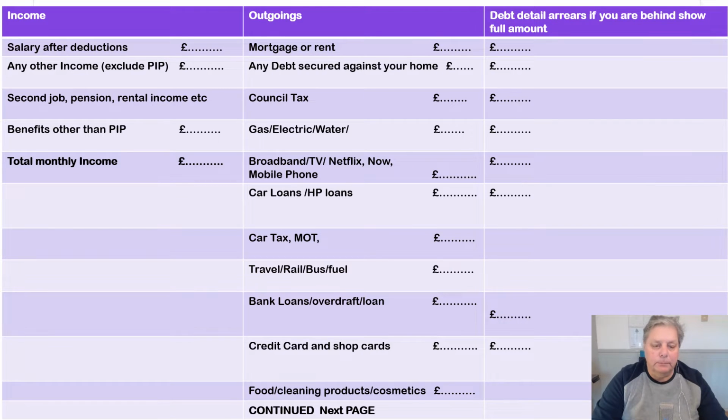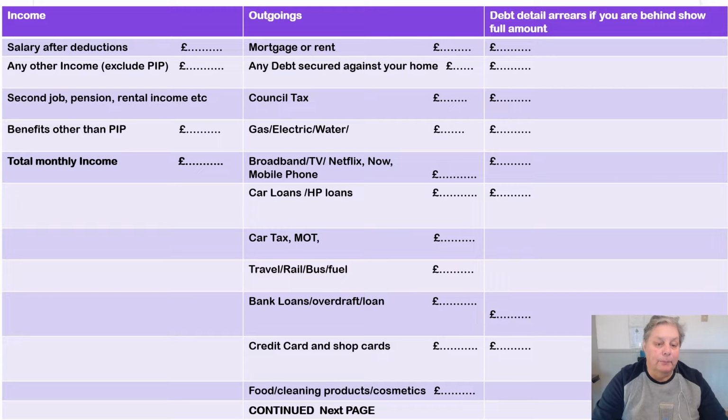Personal independence payments is not income, it's payments from the state to help someone who's disabled with their disability. It is not a form of income, but other forms of benefit are, and also pensions, any rental income you might have, share income, if you would be that lucky, and benefits other than PIP.